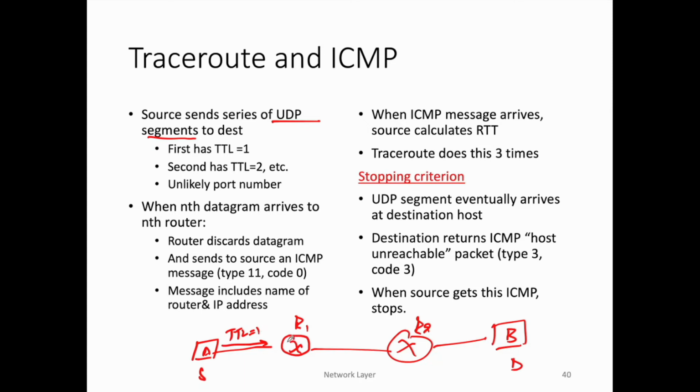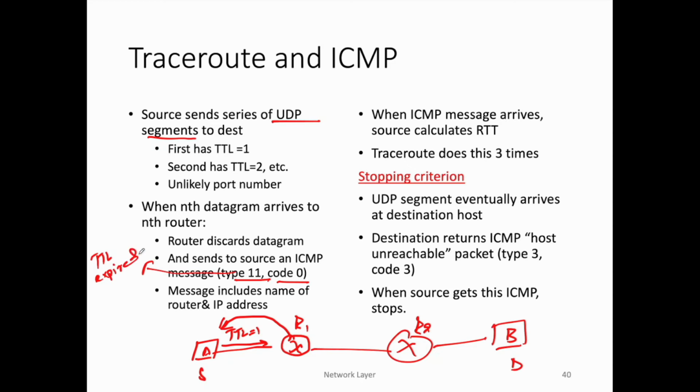So the router will discard the packet, because the time has exceeded, and will send an ICMP message with type 11 and code 0. What's the meaning of this message? Type 11 and code 0 means that TTL has expired.